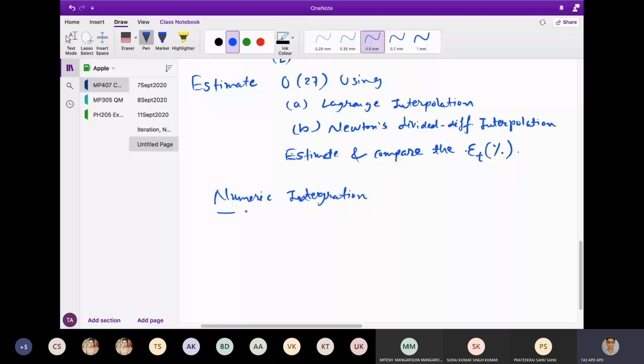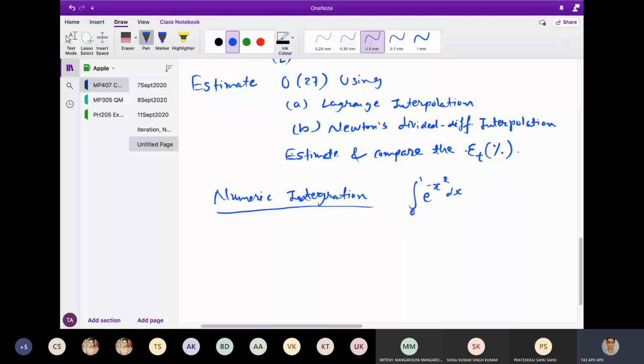Of course we know how to integrate with simple formulas, but there are certain integrations, like e raised to minus x squared dx from 0 to 1. If you want to do this analytically, it takes very long steps. So in such cases one may use numerical methods. There are different methods for this integration.